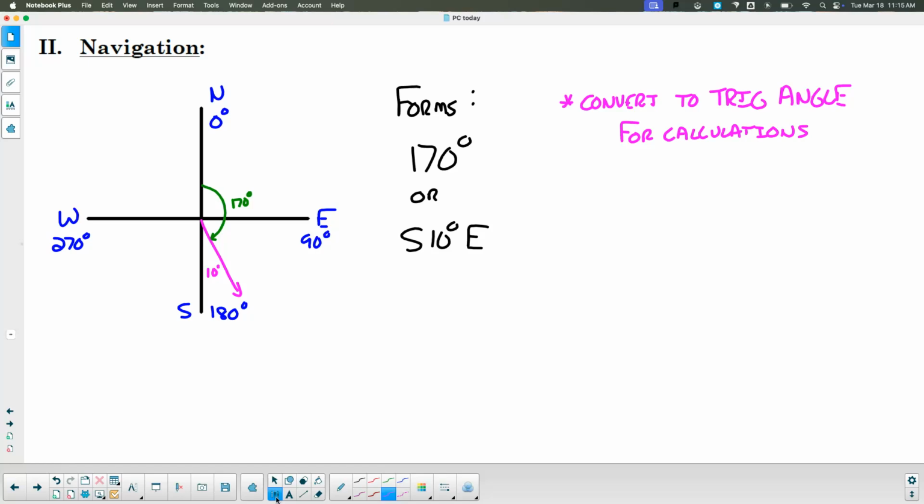Which means that this one would be then as a trig angle 280 degrees for both of those. Which is why we spent time converting between the 4 different ones.